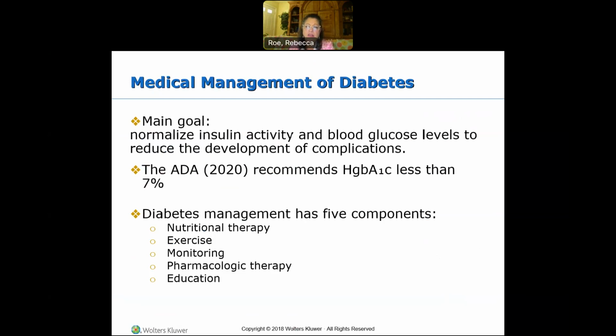Diabetes management has these 5 components. You're looking at nutritional therapy, exercise and activity, glucose monitoring, pharmacological therapies, whether it's insulin or new anti-diabetic medications, and patient education.